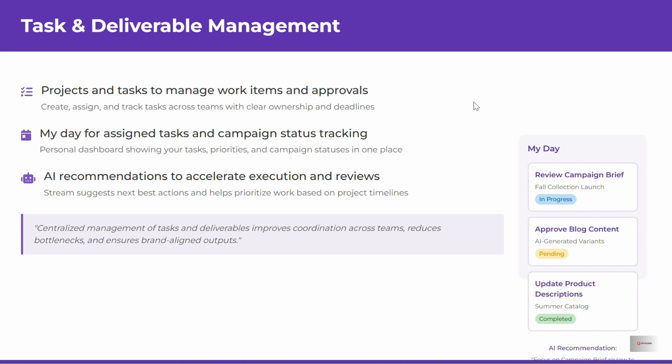Then each of the owners of those particular tasks will have access to the cloud portal, and there will be a My Day tab where they can see their personalized dashboard of their assigned tasks and the status of their particular tasks.